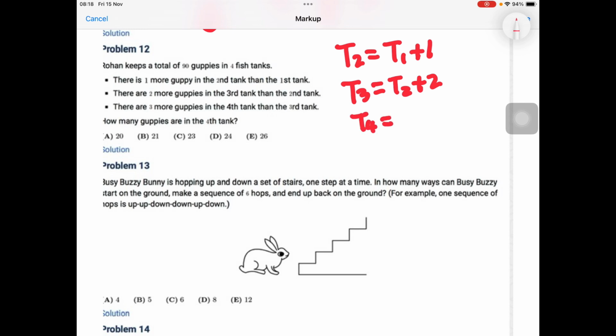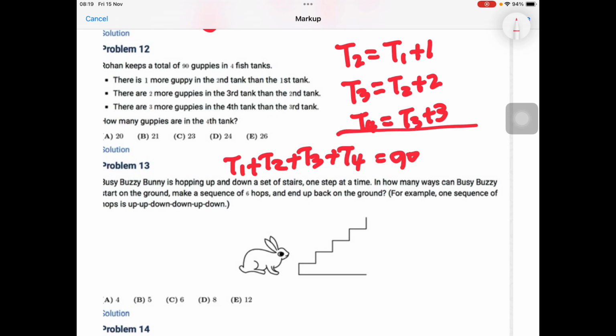First tank, 3 more. How many guppies are in the first tank? So when we add them together, those are 90 guppies. T1, T2, T3, T4 are 90.